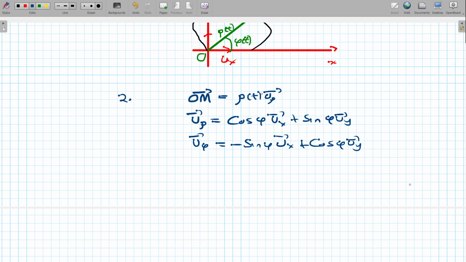Another thing that you must remember is that the derivative of the vector u rho with respect to phi is going to be u phi, like we said yesterday. Then the derivative of the vector u phi with respect to phi is going to be equal to minus u rho. We talked about these things.